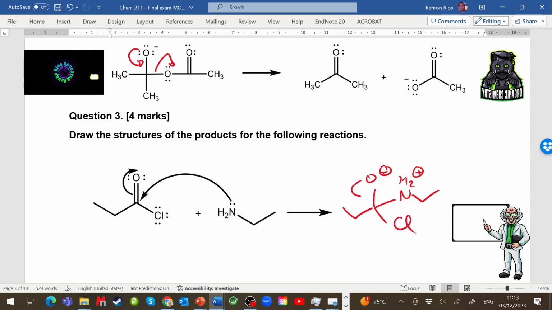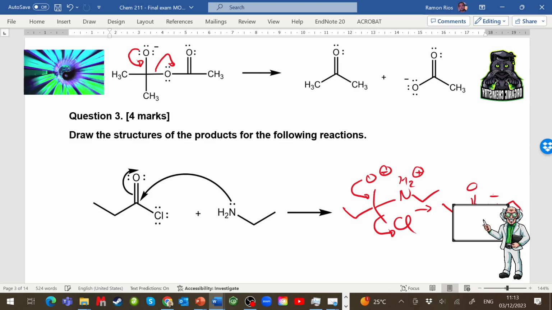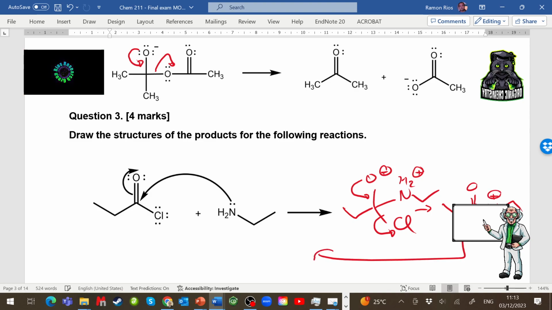Next, we regenerate the carbon-oxygen double bond, and the leaving group, in this case the chloride, is leaving to generate this final compound. And remember that we don't like to have anything positive or negative, we want to have neutral compounds. If we have a positive, the only thing that we need to do is to remove one of the protons of the amide, and what we generate is the final compound, that is this. Okay?